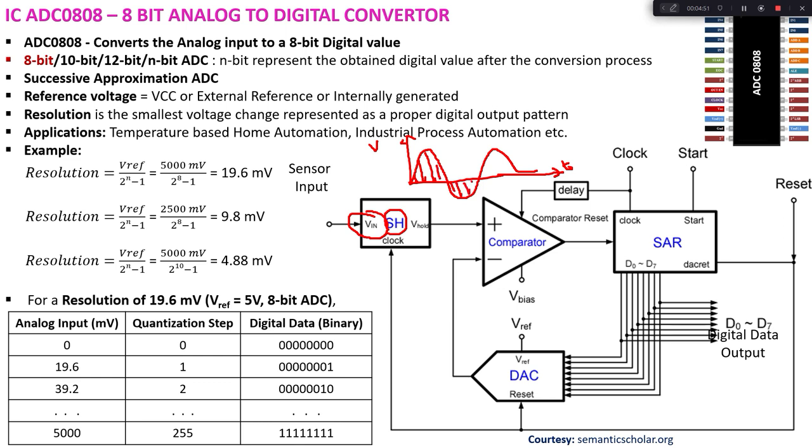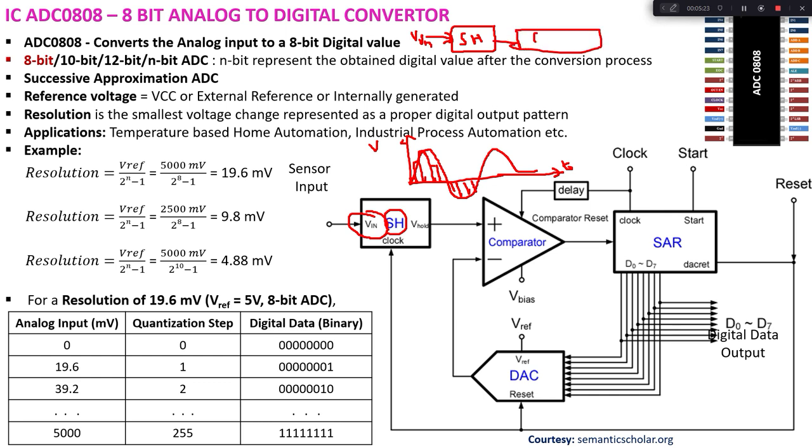Then the samples will be converted into discrete levels using the quantization block. After quantization, these discrete levels will be converted into binary values. So that is how this analog data gets converted into digital data. There are three steps. We have a sample and hold circuit which takes discrete samples from the input signal and it goes into a quantizer.